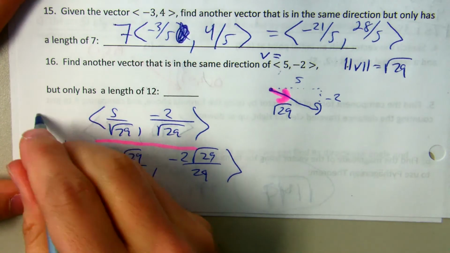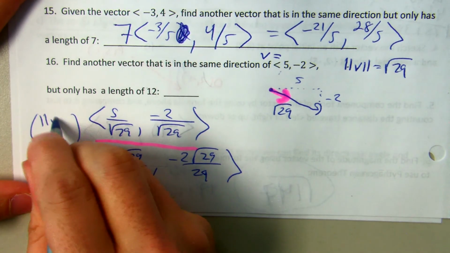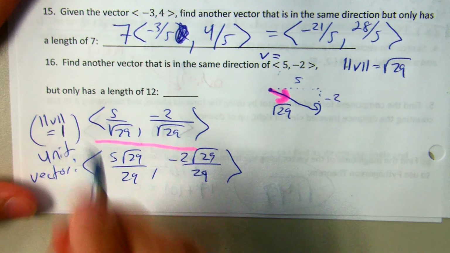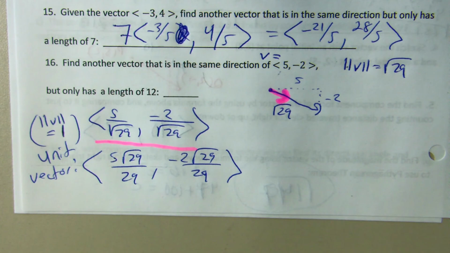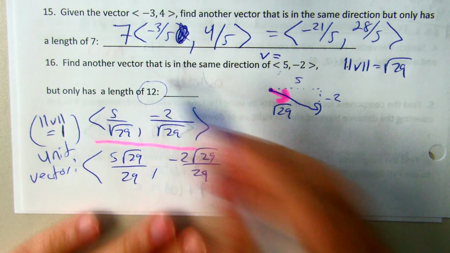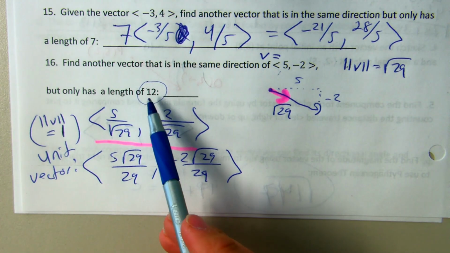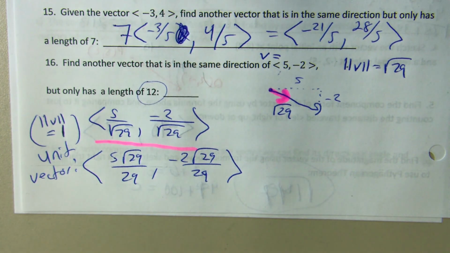But more importantly, you understand that this means that the magnitude is 1. Unit, singular. But now that I have a magnitude of 1, if I want it to be magnitude 25, multiply by 25. If I want to have a magnitude of pi, multiply by pi.